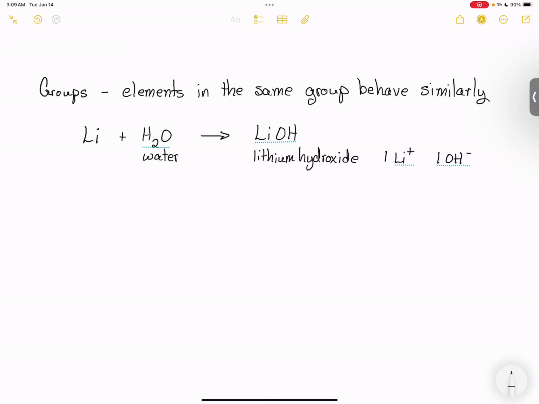We're going to learn these terms. Don't get hung up on the terms. I'm mainly focused on the reaction at this point.